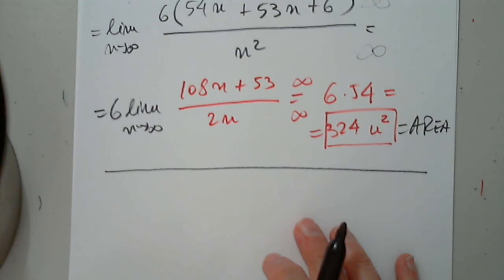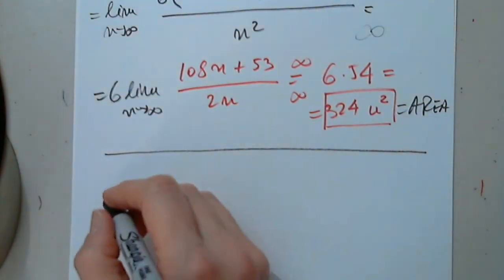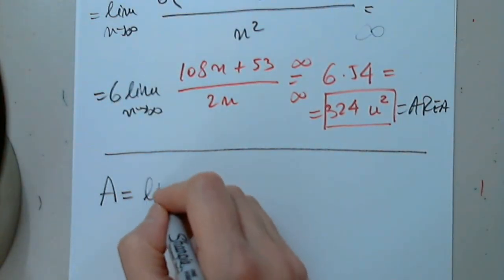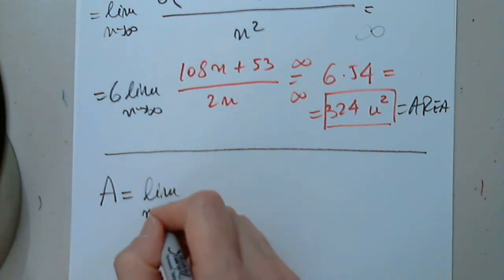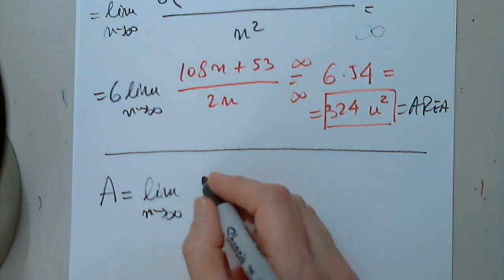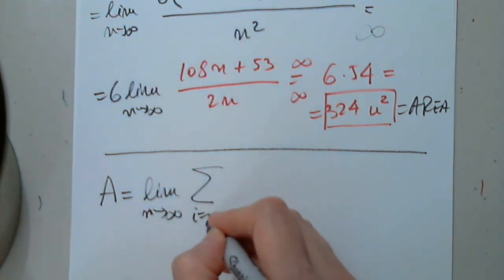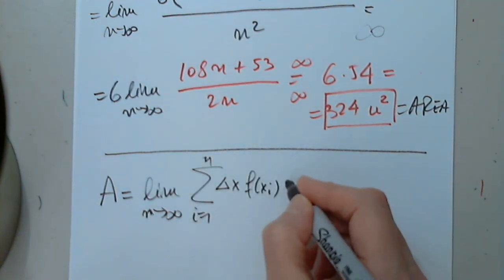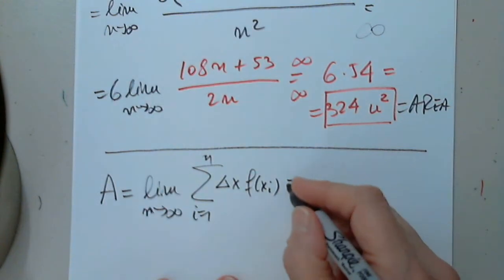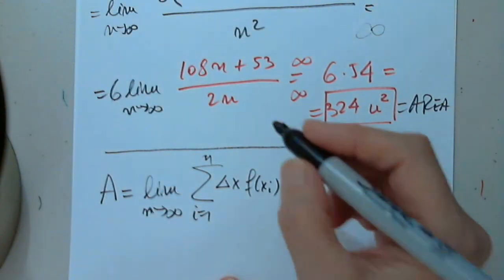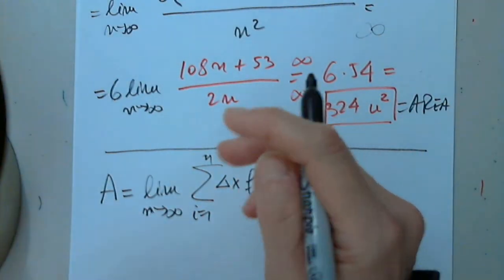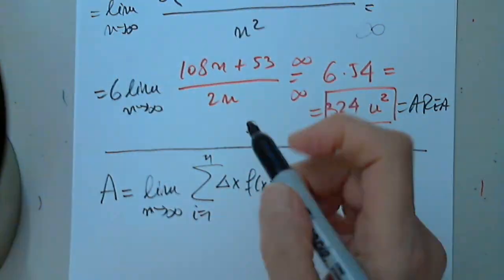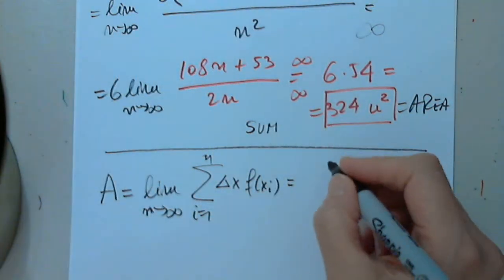So we do have a different way of determining the exact area, limit as n approaches infinity, from the sum from i equals 1 through n, delta x f of xi. And this time we are going to use s, but a stretched s, still for sum.